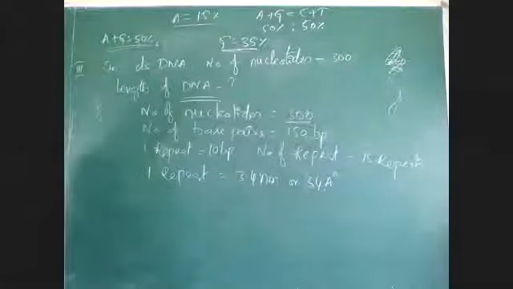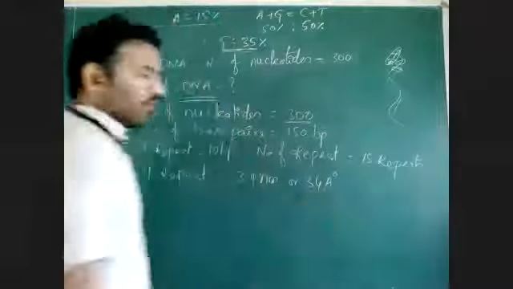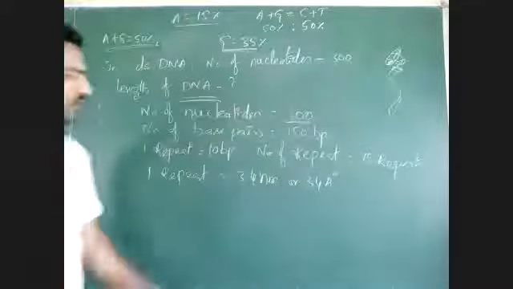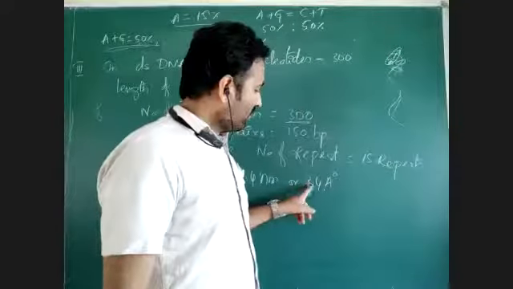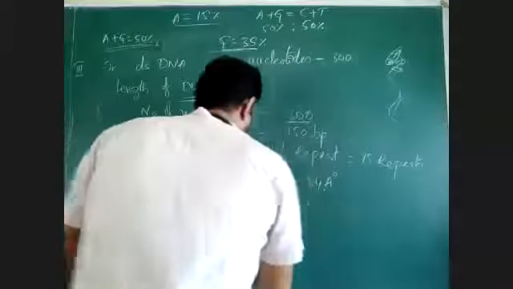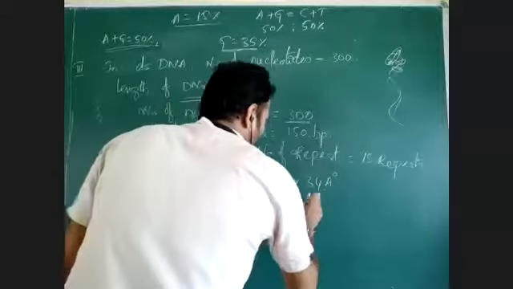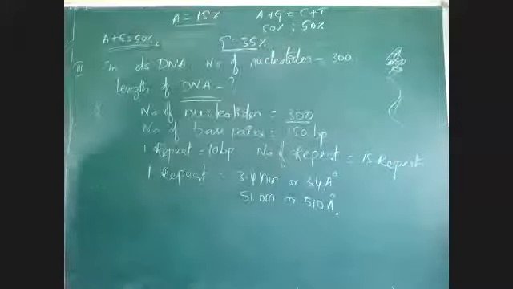Now calculate that. 34 into 15. 34 into 15 means 340 plus 170. 510 Armstrongs. 510 Armstrongs means 51 nanometers. 510 Armstrongs is the length of DNA.